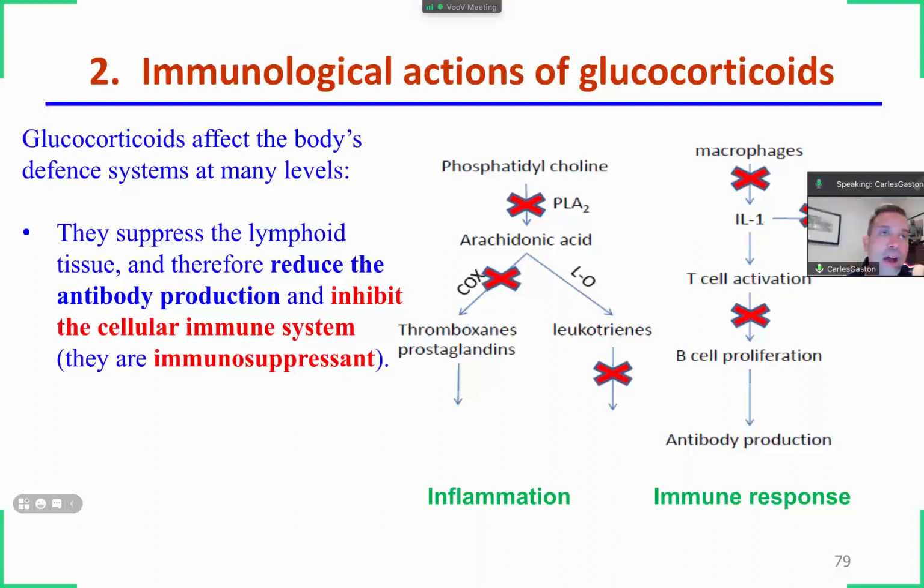If you have a little injury or a cut or something, it activates this pathway. Phospholipase A will transform phosphatidylcholine into arachidonic acid, COX-2 increases thromboxanes, prostaglandins, and then obviously massive inflammation.